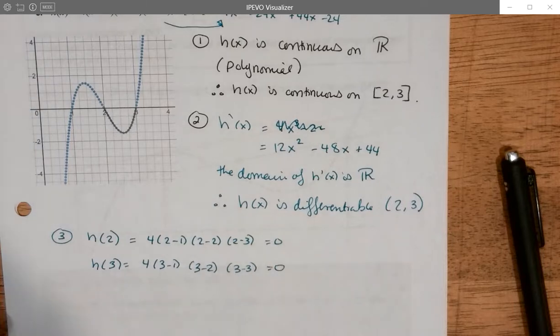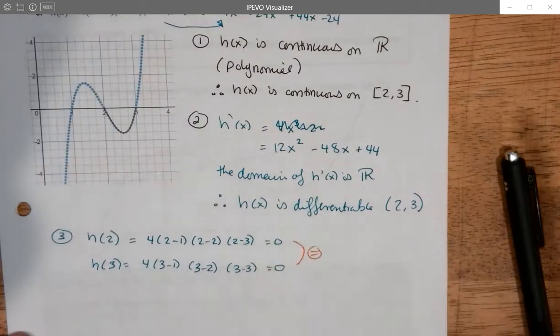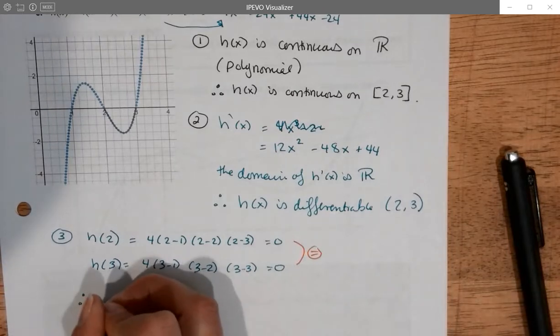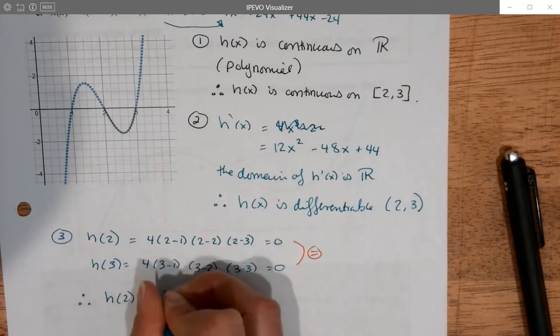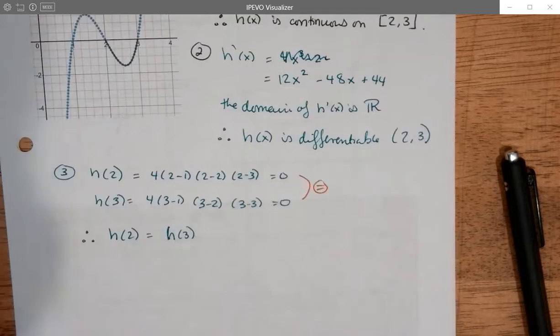Again, they don't have to both be 0, they both have to be the same as each other. So they could both be 6, but as long as they're equal to each other, we've got it. So we can conclude that therefore h of 2 is equal to h of 3. All 3 conditions are satisfied.